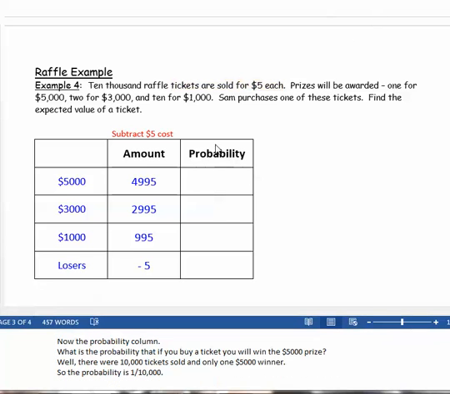Now the probability column. What is the probability that if you buy a ticket, you will win the $5,000 prize? Well, there were 10,000 tickets sold and only one $5,000 winner. So the probability is 1 out of 10,000.